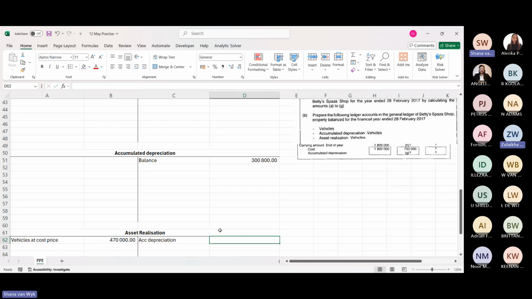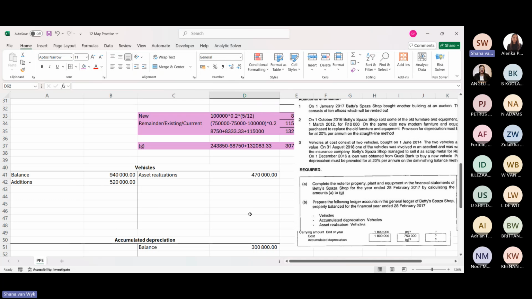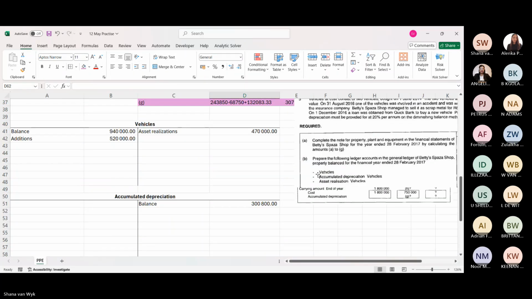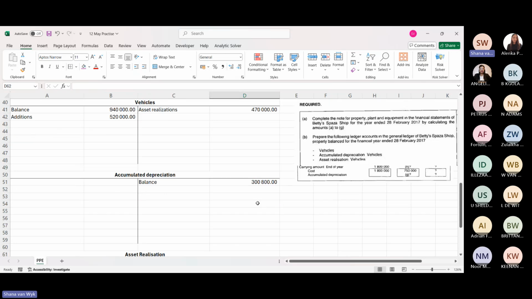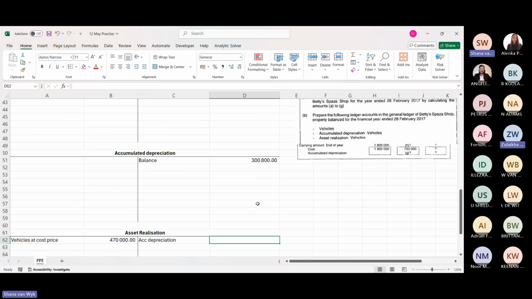Now we need to first... For asset realization, accumulated depreciation, is that only current year? Like the depreciation of the current asset that we're disposing. It should be everything, I think. No, is it not only of the vehicle that we're getting rid of?